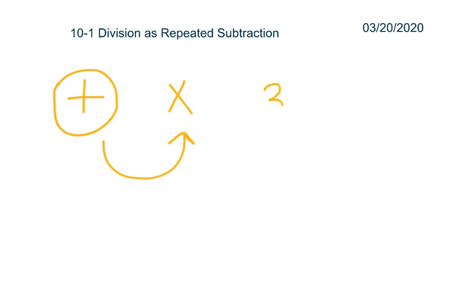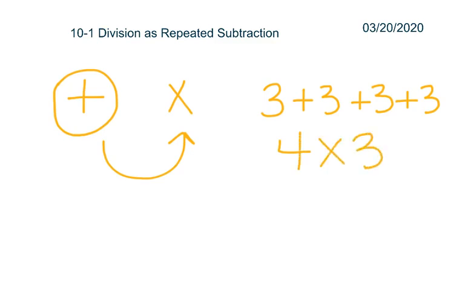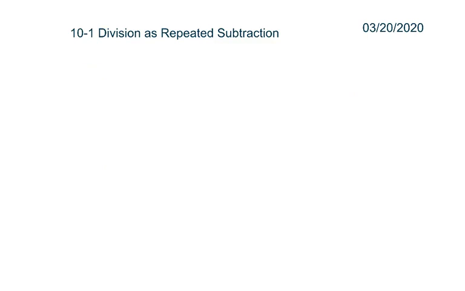So for instance, 3 plus 3 plus 3 plus 3, you know that's the same as saying 4 groups of 3. The same is true for division. Division connects directly to subtraction. If I repeatedly subtract over and over and over, it's the same as doing division.